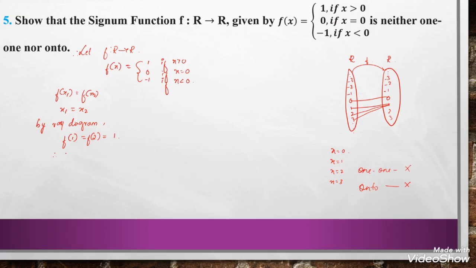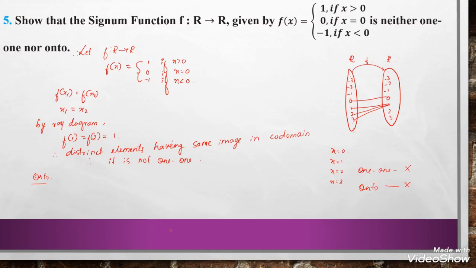Therefore, distinct elements have the same image in the codomain. Therefore, it is not one-one.